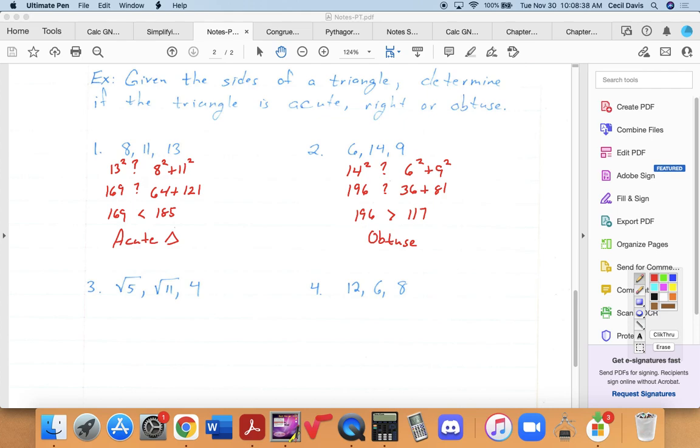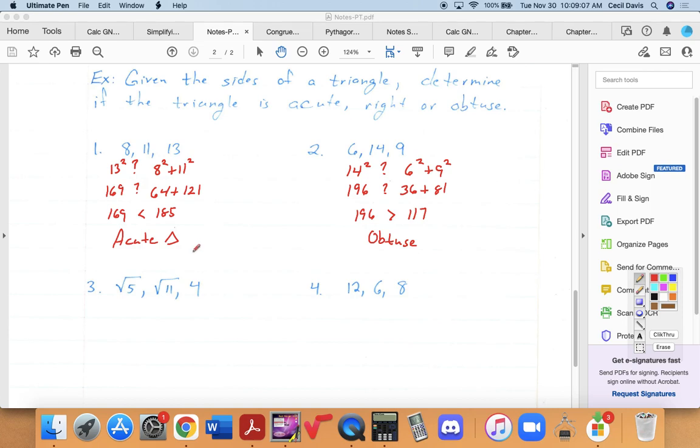So would it just be 11 and 5? Well, I need the biggest side. Which side is the biggest side? Do you have to square all of them? I think it's a waste of time, but you can.